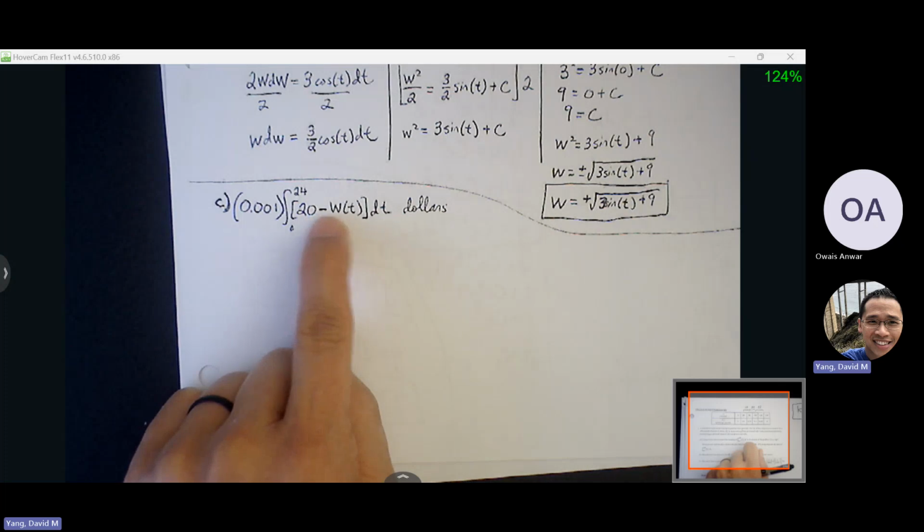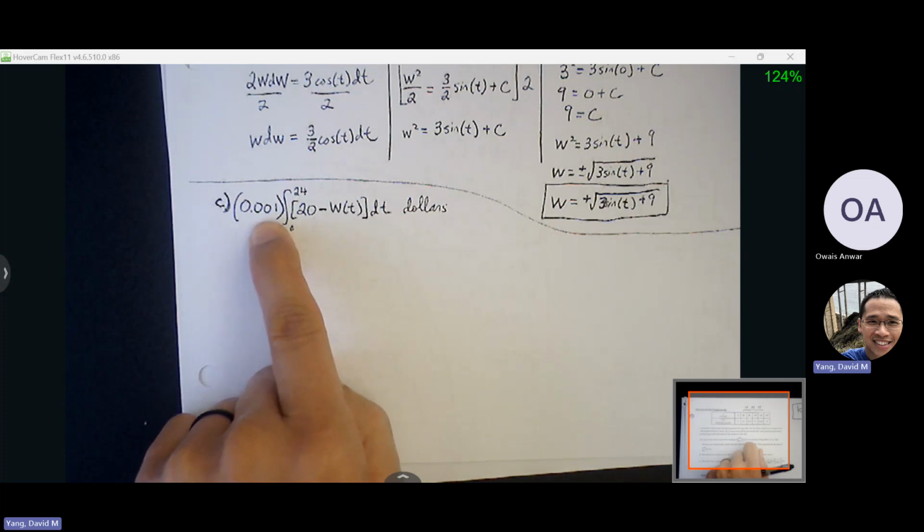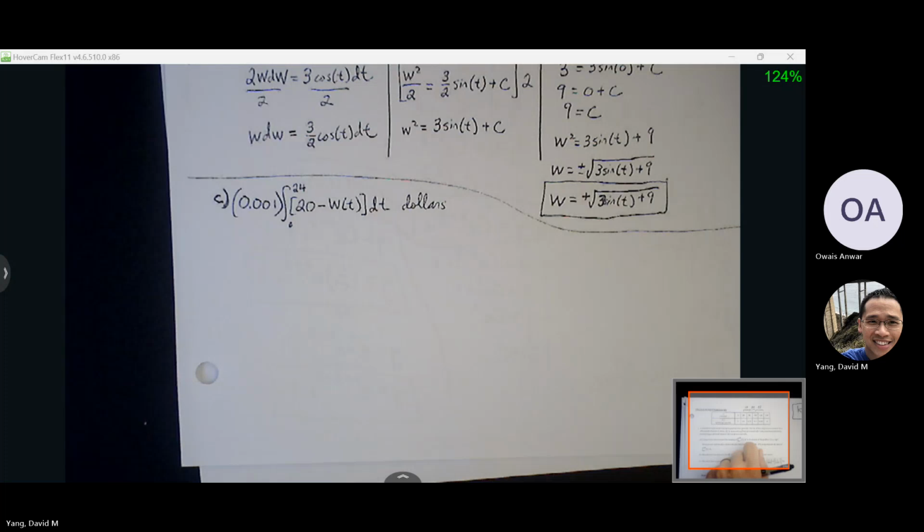So we're basically looking at all the times when 20 minus W of t produces a value that is positive. Once it produces that value, we multiply by 0.001, which will accumulate our cost over the course of this period. Yeah, that's kind of tough.